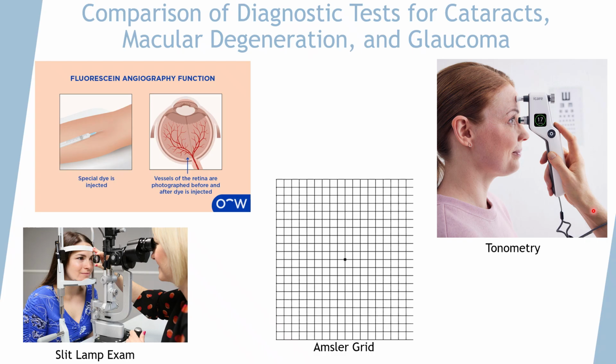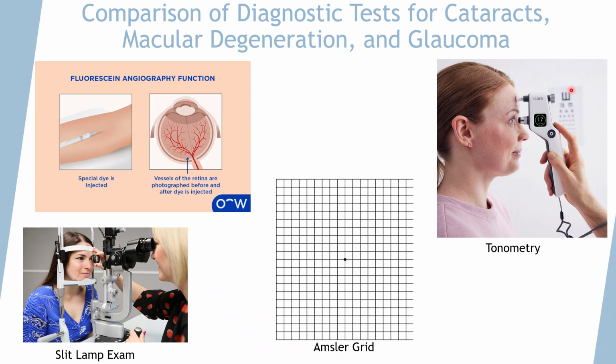Another test would be some retinal exams and tonometry, which is this one right here. What do you think the tonometry measures? It measures the intraocular pressure, which tells the provider how much pressure is being put on the eye. It measures the inside of the eye, so they put this machine on the outside and it tells you how much pressure is being pushed out.